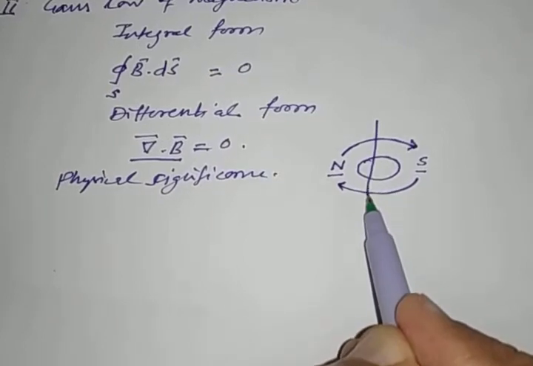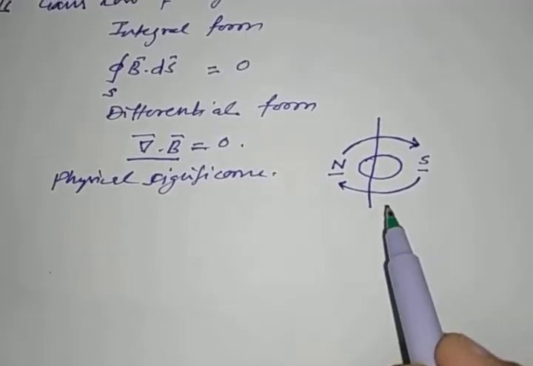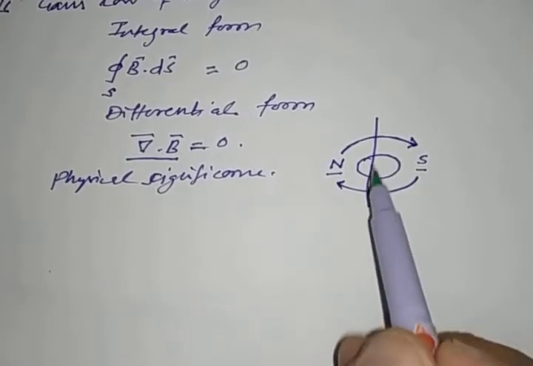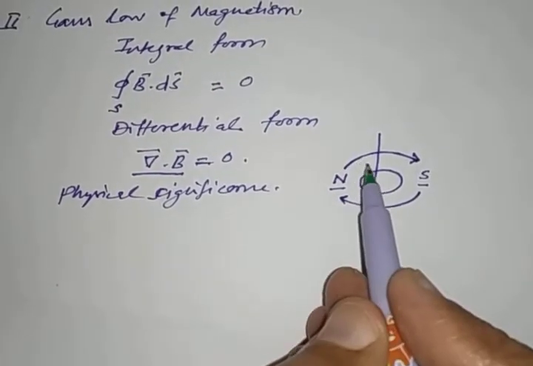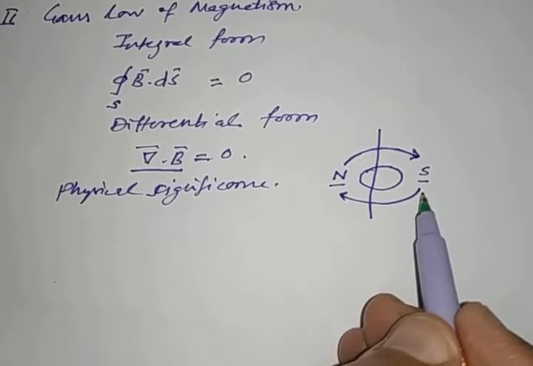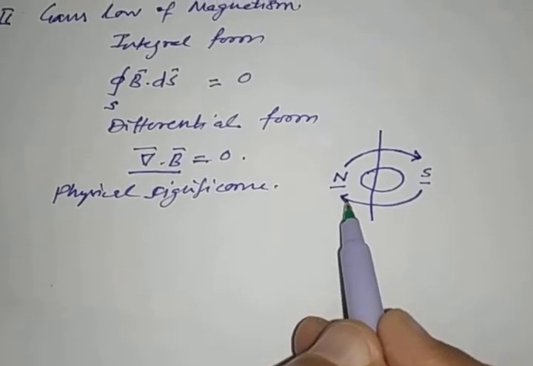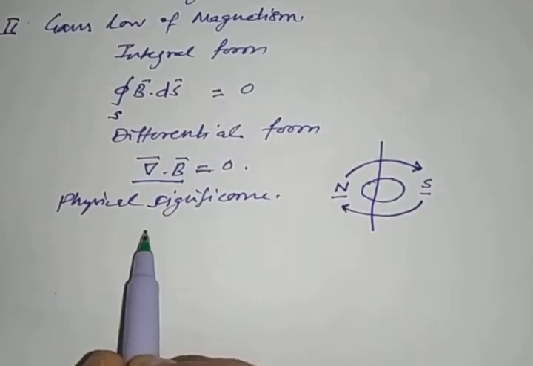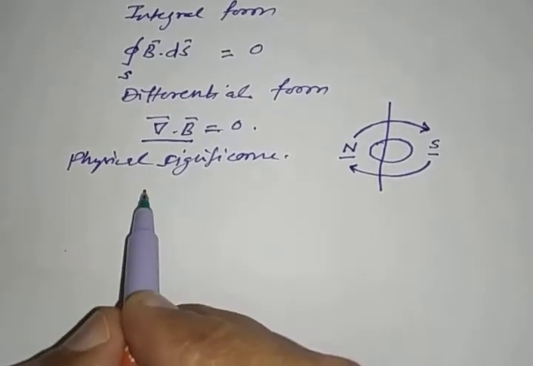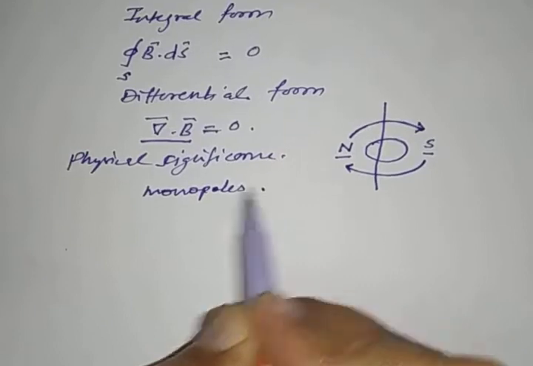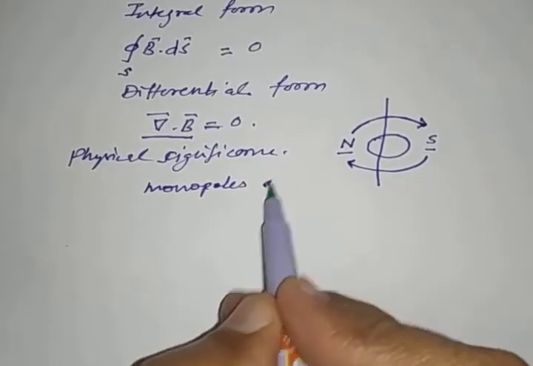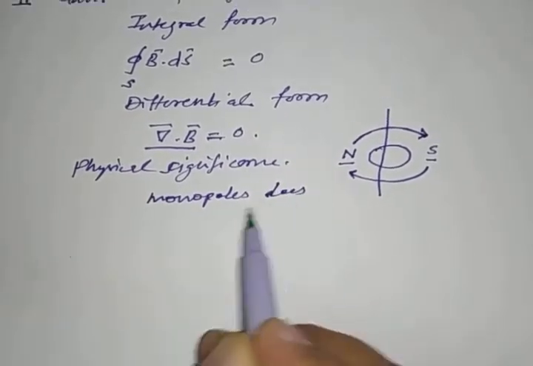So at any point, if we have a cross section area, through that cross section area the net flux will be 0. The field lines moving in this direction will be equal to the field lines coming back. So that says that in terms of magnetic field, we cannot have monopoles. So the physical significance is that a monopole does not exist.